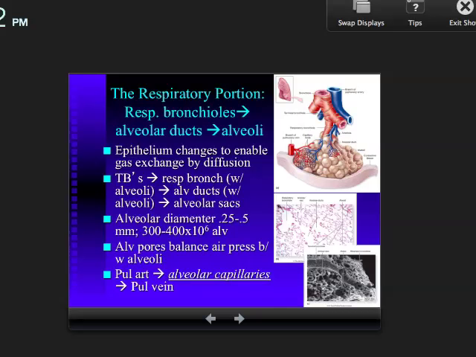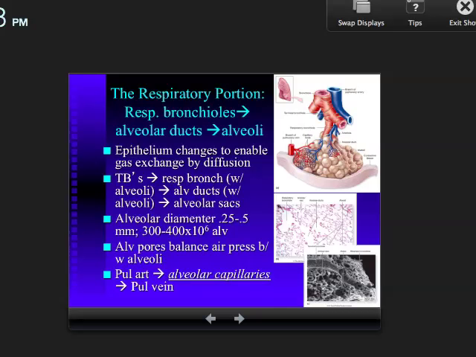When we get beyond that, we get down into alveolar ducts, where now we're going to have a duct that is made up of a passageway of alveoli, and then eventually we're going to get down into an alveolar sac, the dead end of our respiratory system. As it's described in your book, and you see it in the figure here, these little alveolar sacs, or alveoli rather, are 1/4 to 1/2 millimeter in diameter.